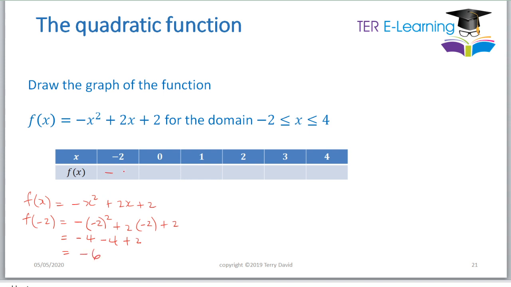So this here is actually minus 6. I hope you all understand how I got minus 6 there. Oh, so Shiri's got minus 6 as well, right?